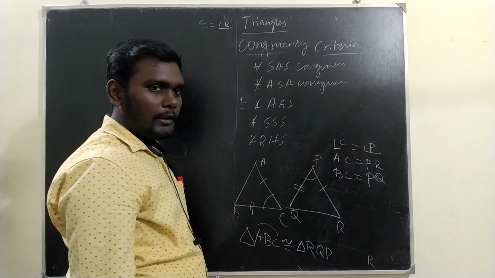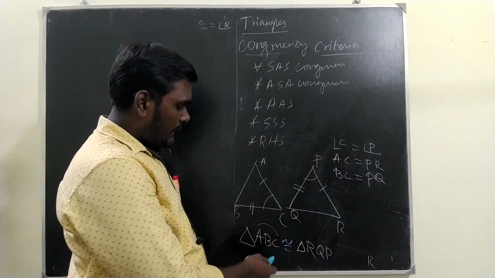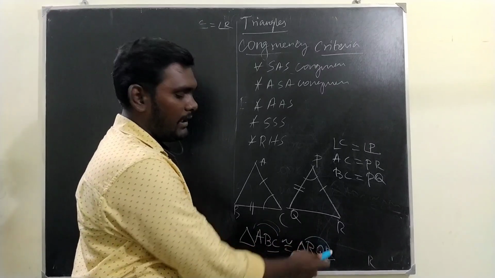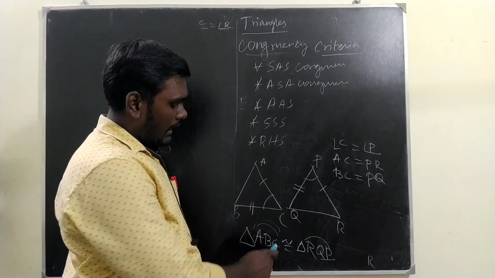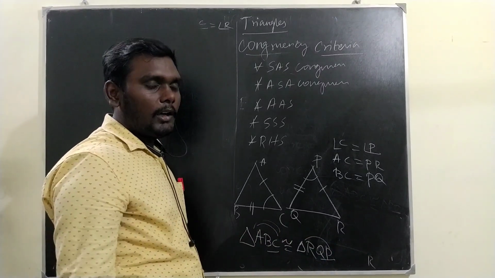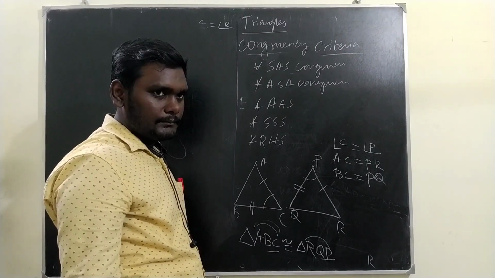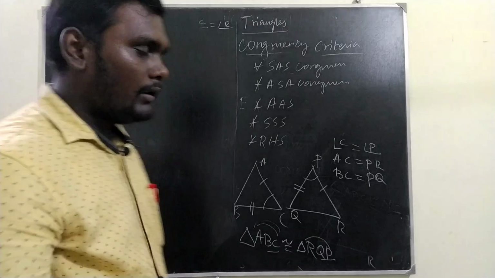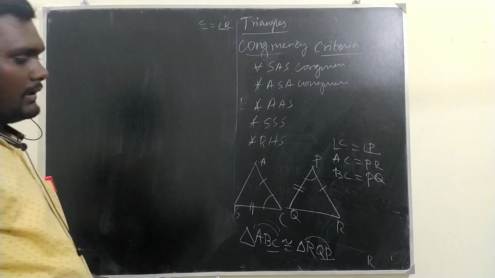So when I say RQP, you see, BC equals PQ, AC equals PR, and then angle C equals angle P. So RQP, got it? This correspondence should be there. That is what we call corresponding sides and corresponding angles.